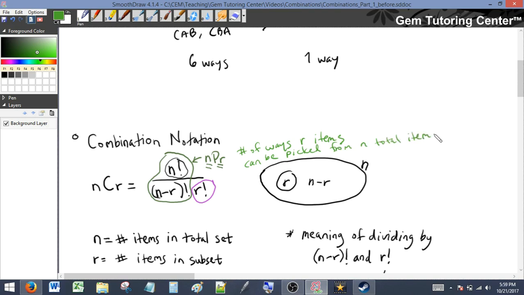I'm going to write this down. That's what that green blob is, okay? The nPr. It's the number of ways r items can be picked from n total items when order matters.